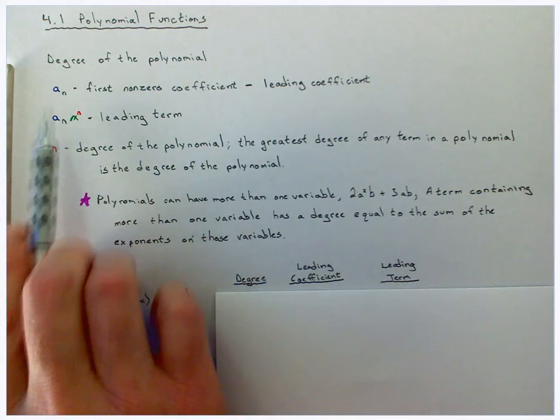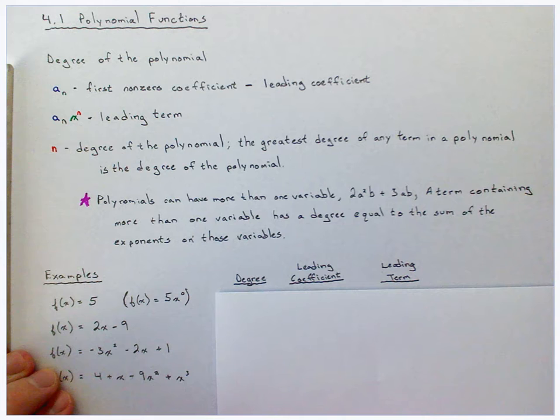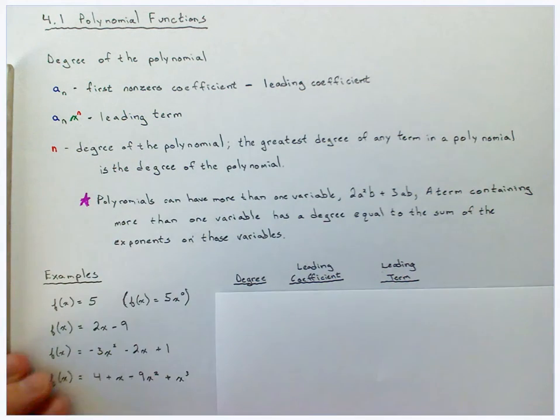A sub n, the first non-zero coefficient, is the leading coefficient, and A sub n times x to the n is the leading term. We're looking at coefficients and terms, same as we did back with expressions and equations, probably 5th or 6th grade.